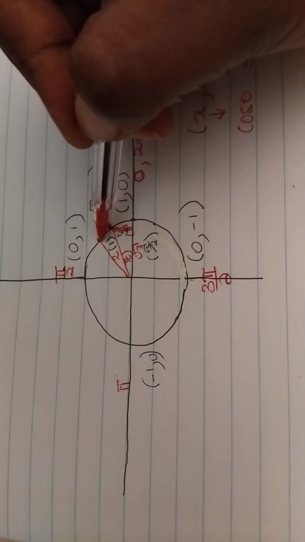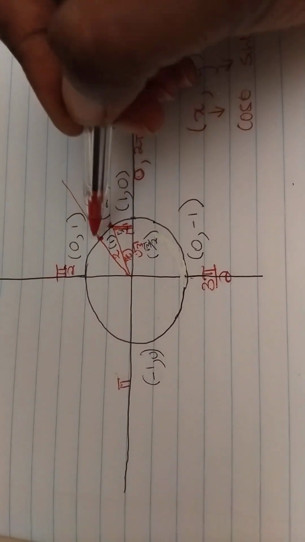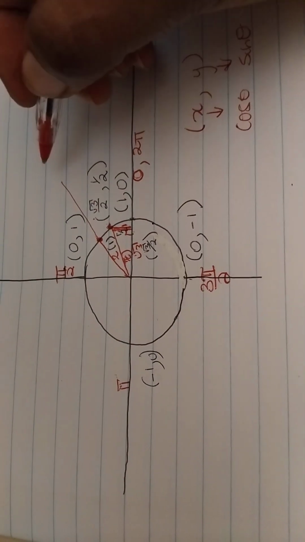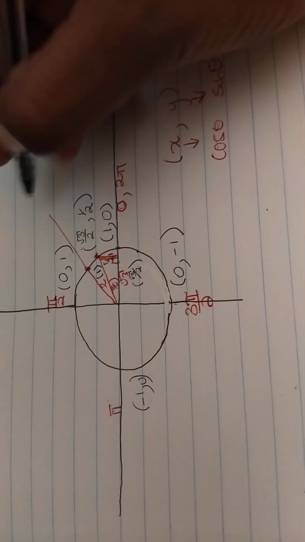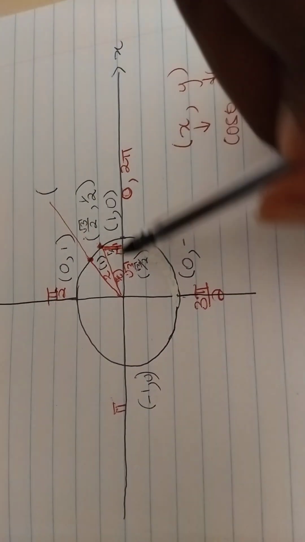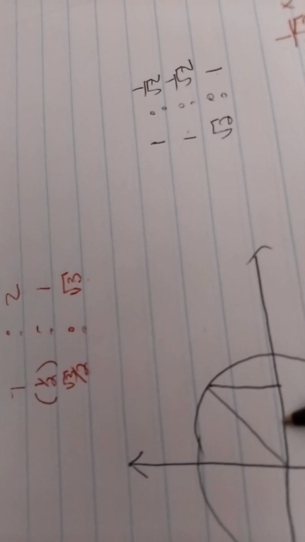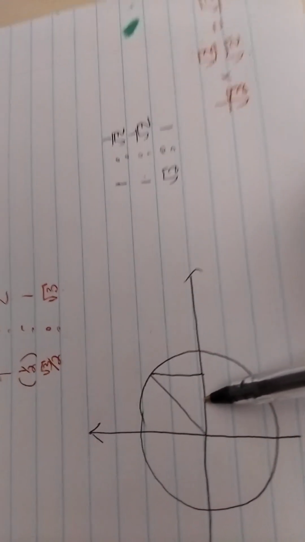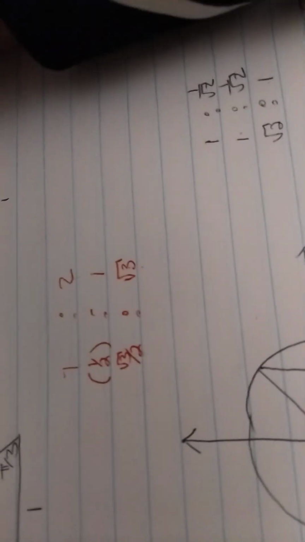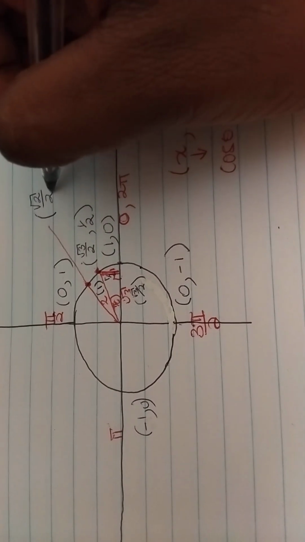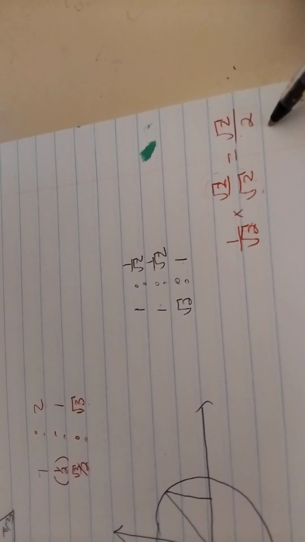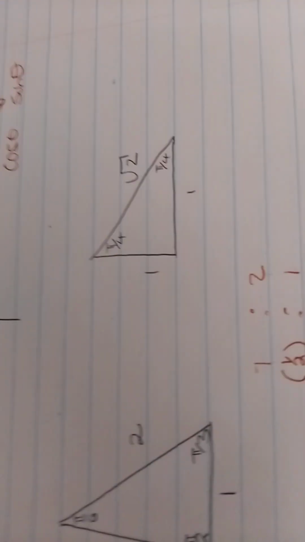These are the coordinates here, and I extend this line just so that we don't get confused. Let me write the coordinates using a black pen. So for the x value, the distance from here to here is originally 1, but in a unit circle it is square root 2 over 2, as we have done here.